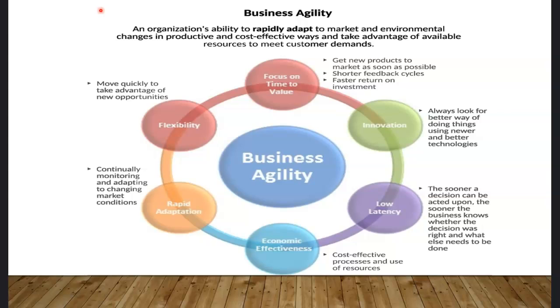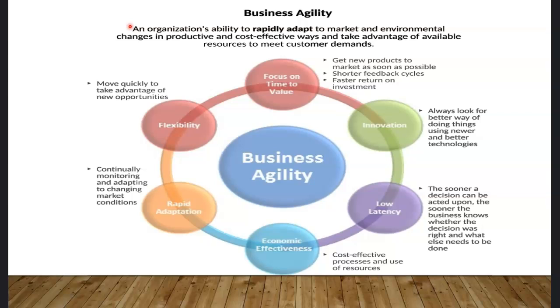So let's understand what exactly business agility is. Business agility is an organization's ability to rapidly adapt to market and environmental changes in productive and cost-effective ways, and to take advantage of the available resources to meet our customers' demands. So that's a mouthful.